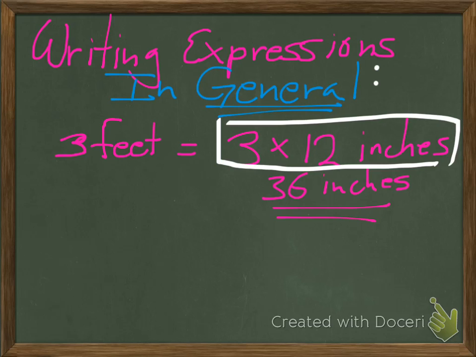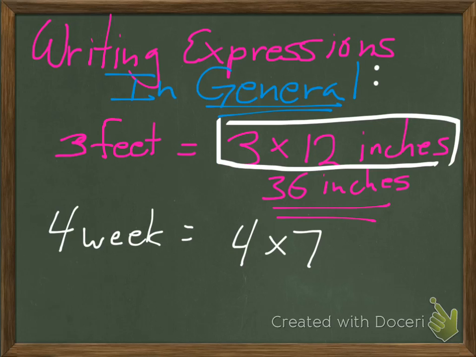So if we wanted to figure out how many days there are in 4 weeks, well, then we just take 4 weeks. Each week has 7 days, and so 4 times 7 is a numeric expression for computing how many days there are in 4 weeks. Okay? And of course we know the answer to that is going to be 28 days.